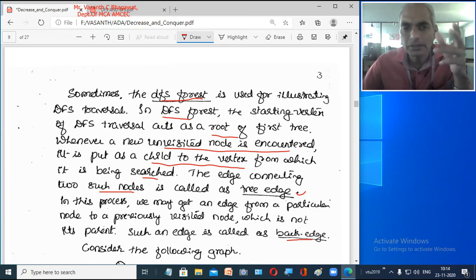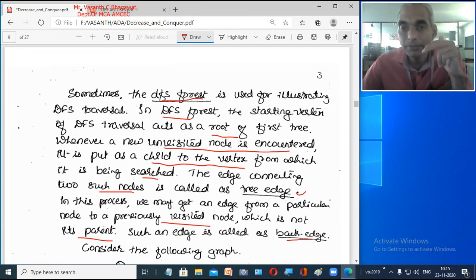Now in this process we may get an edge from a particular node to a previously visited node which is not its parent. See, always from the parent node we come to the child node, right? When you are traversing, sometimes we come across a node which is not its parent, but is already visited.